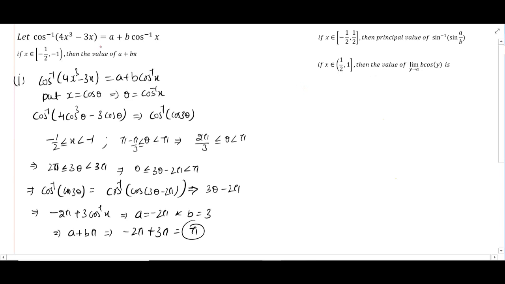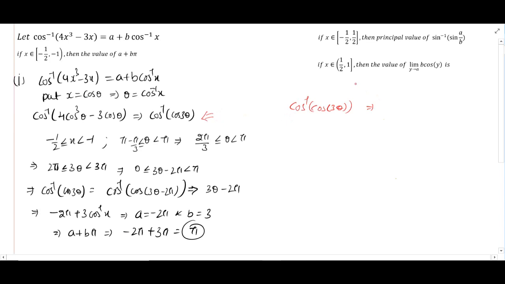So the basic condition, cos inverse of 4x cube minus 3x is equal to a plus b cos inverse x, remains the same. So till this position we get the same value as cos inverse of cos of 3 theta.